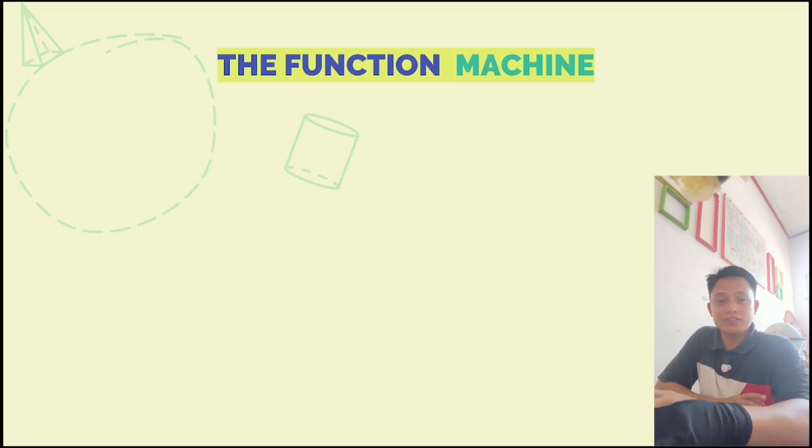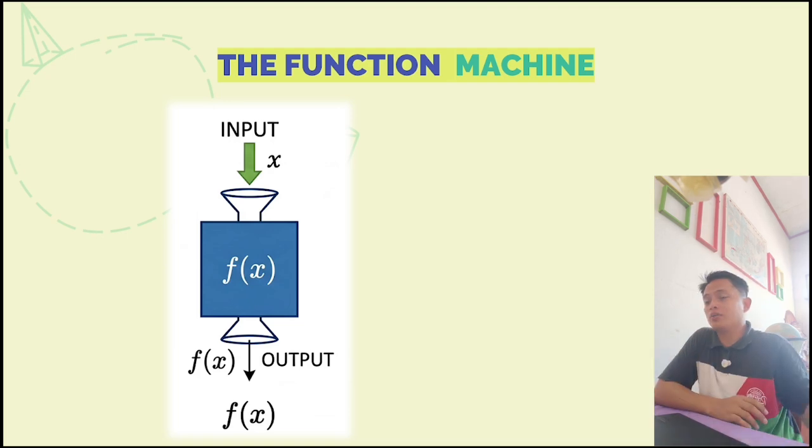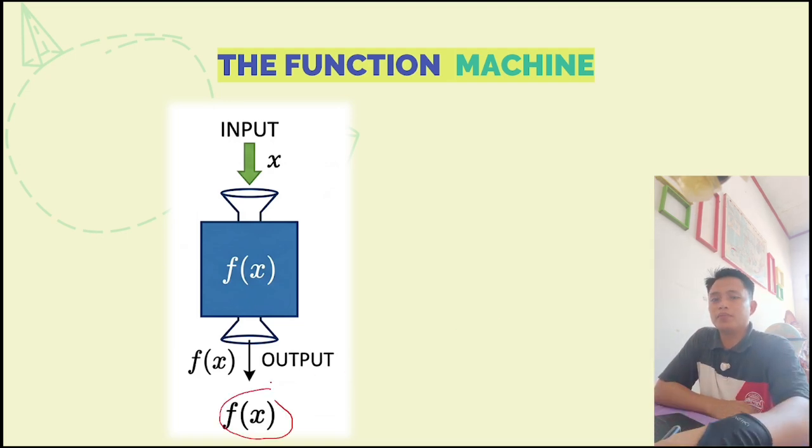The function is actually just like a machine, okay? You have an input, you have a machine which processes the input, like raw material, and then there will be an output, which in mathematics we call f(x), right? Now, what happens if in the factory there are two machines?